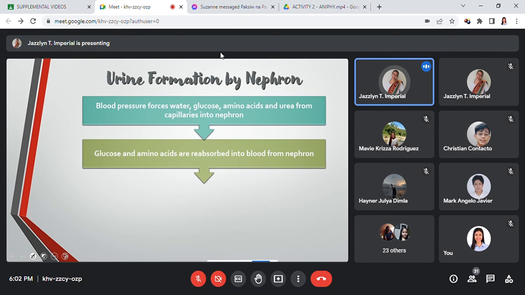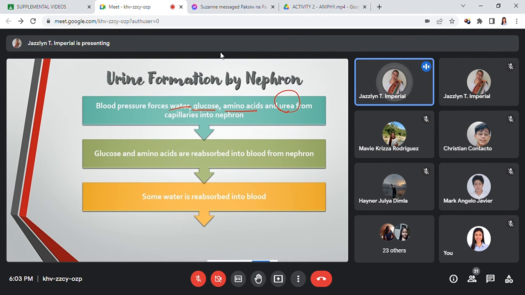So in addition, some other substances are included. So you have glucose, water, amino acid. So these are important. Urea is the waste. And then sometimes merong hormones also that is carried by the blood into the nephron. Okay? Glucose and amino acids are the ones reabsorbed. Okay? And then some water is also reabsorbed.